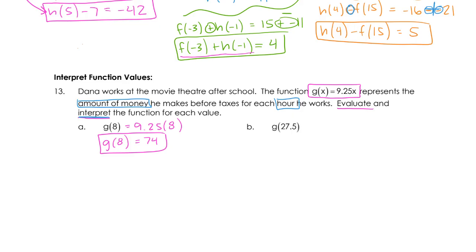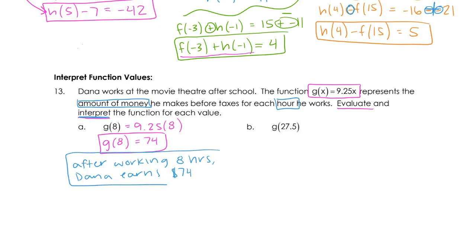So in this case, your input or your independent variable is 8. So that would mean after working 8 hours, Dana earns $74, and that would be our sentence for part A.